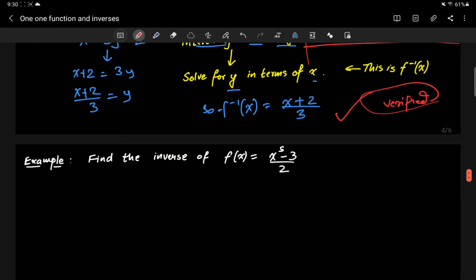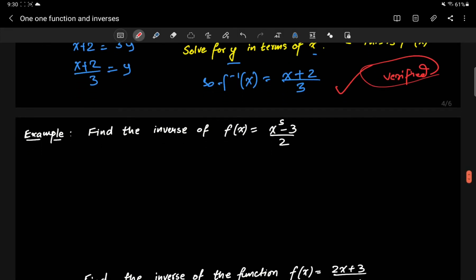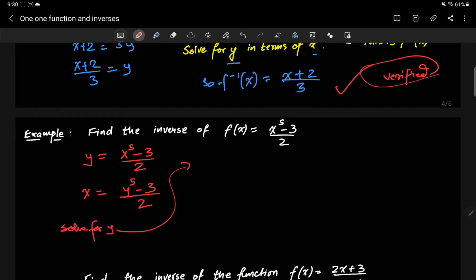Let's look at another example. Find the inverse of y equals x to the 5 minus 3, over 2. So we start by writing this as y equals (x to the 5 minus 3) over 2. Then we do the interchange step. Once we do the interchange step, we solve for y. Now solving for y just means applying inverse operations.